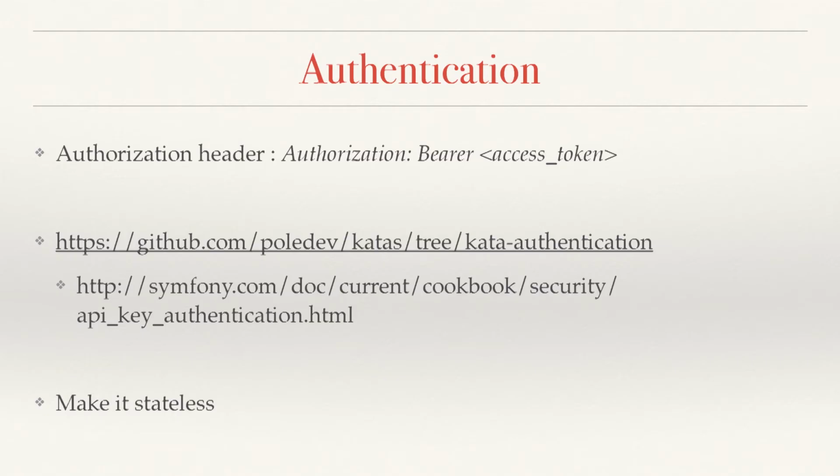And about authentication, I put some links here on how to do that. Most of the time, it's about doing authentication through the special header Authorization. You could put your access token coming from anywhere you want.